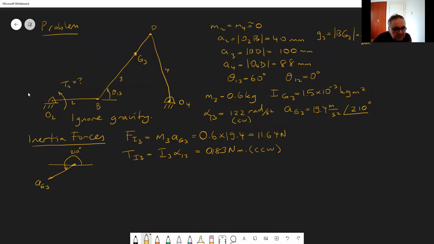So the FI3 would be opposite to that. And it makes 30 degrees with the horizontal.